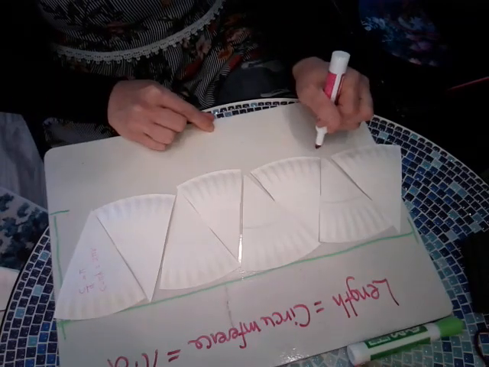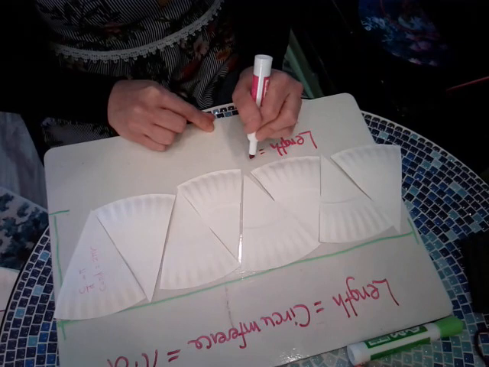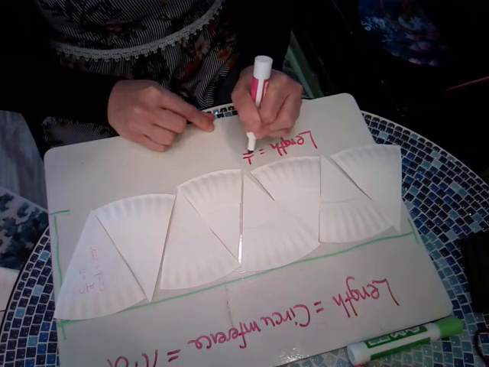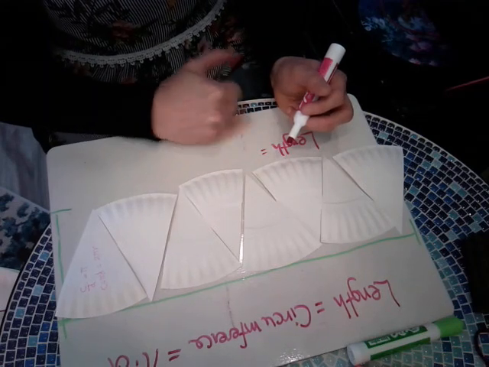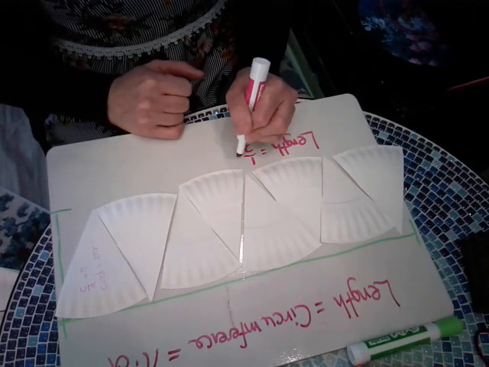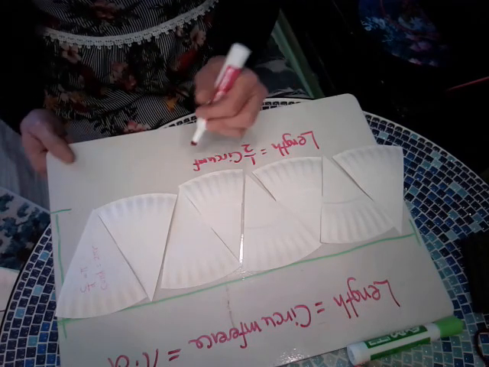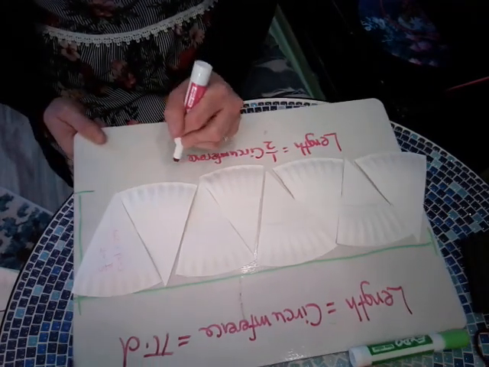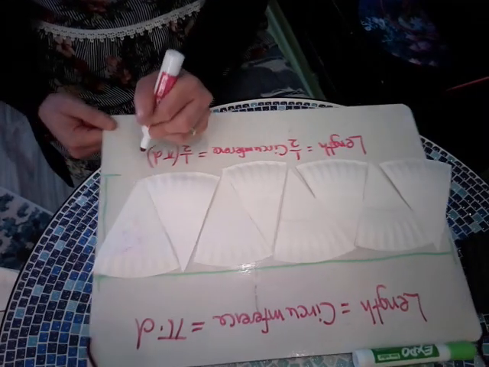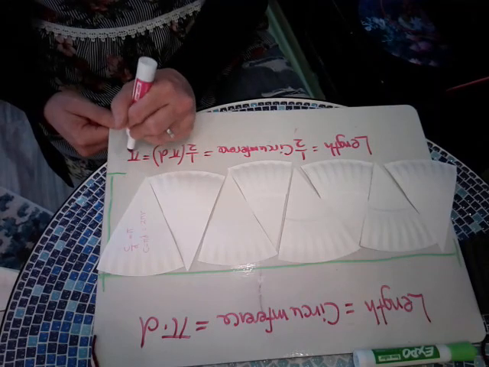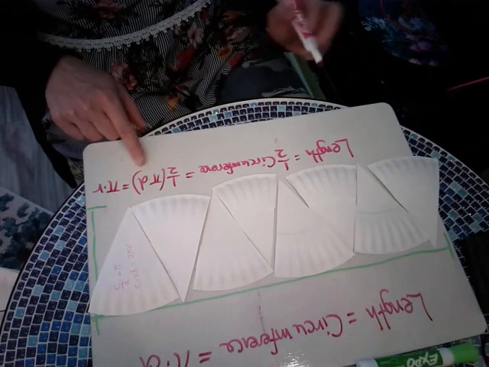So my length of this is half of the circumference, which is half of pi times diameter, which is just pi times the radius, because half of the diameter is the radius.